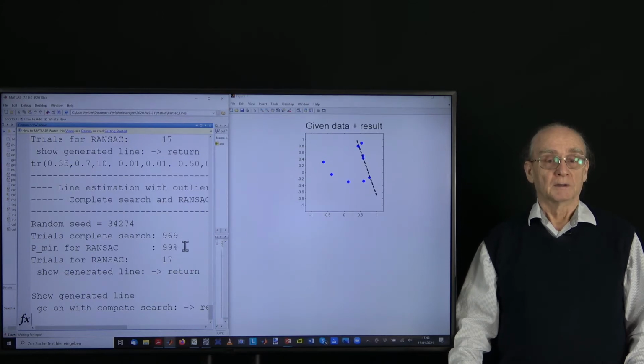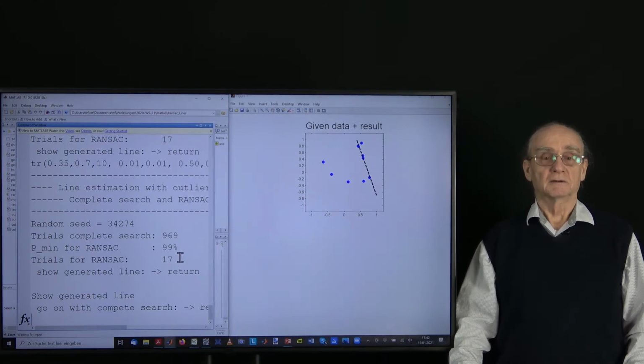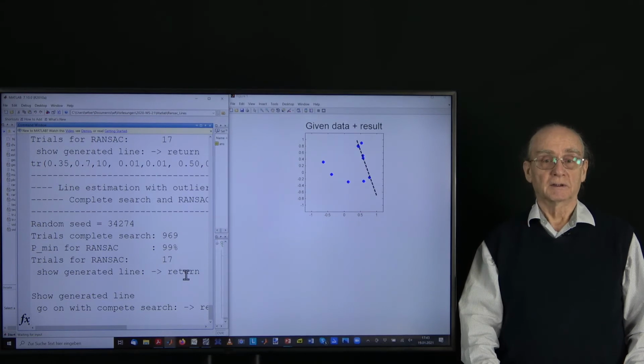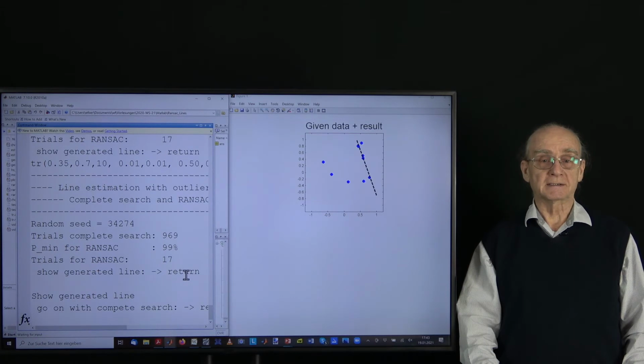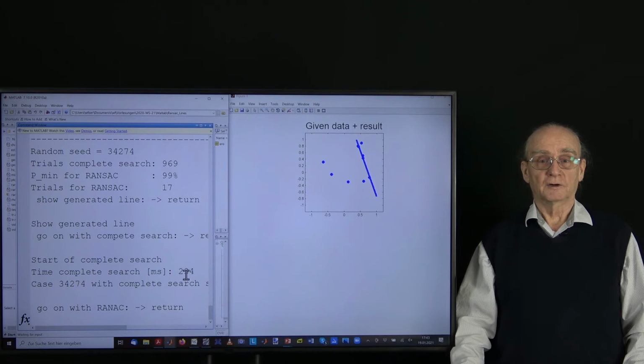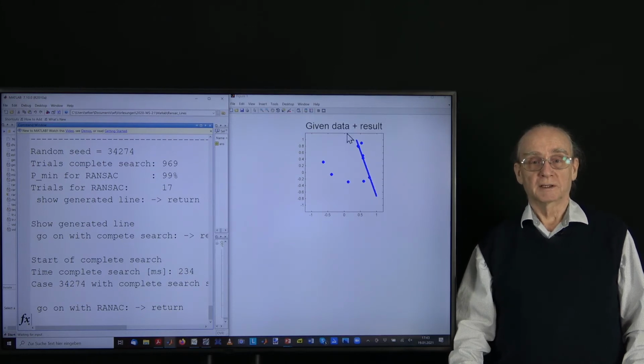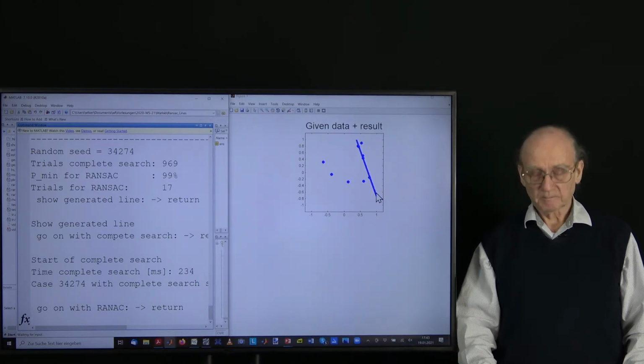The number of trials which we specified implicitly for the RANSAC is 17, which is significantly less. And now let's run the complete search. So it takes all these 969 cases and checks for the estimated variance factor and finds out that this line which we have given is actually hit quite nicely.